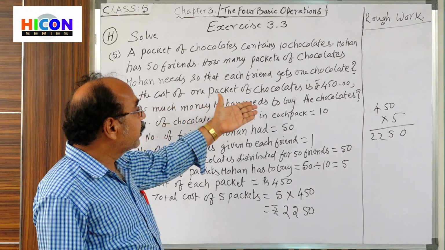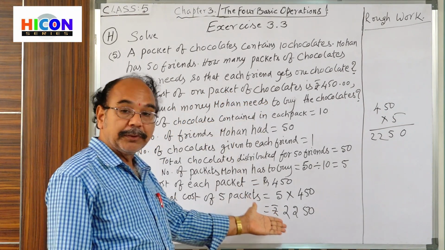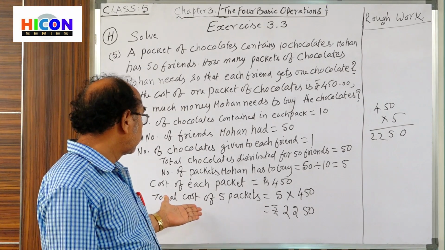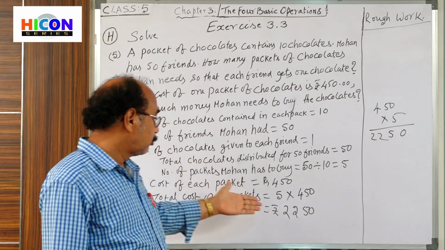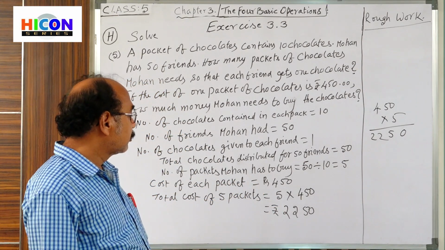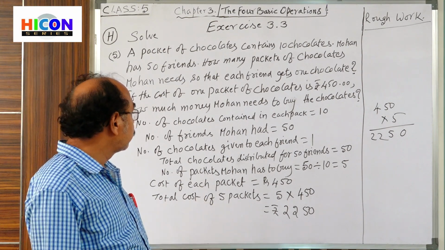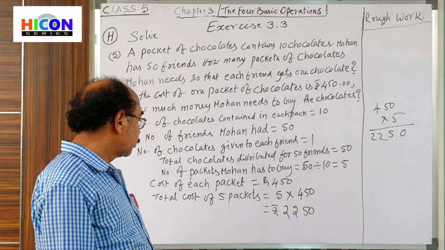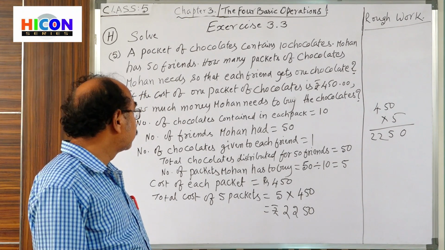How much money Mohan needs to buy the chocolates means we mention this amount. So 2,250 rupees, this much of amount Mohan should pay for chocolates.